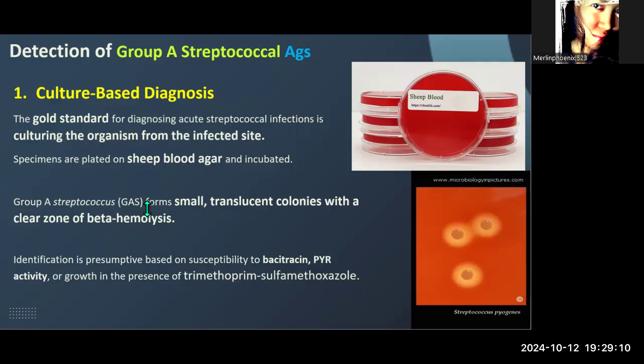Group A strep forms small translucent colonies with a clear zone of beta hemolysis. Identification is typically based on susceptibility to bacitracin, PYR activity, or growth in the presence of trimethoprim-sulfamethoxazole.